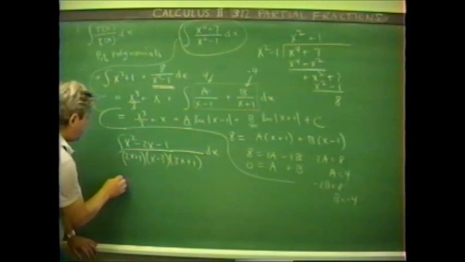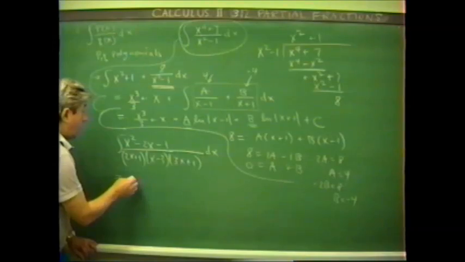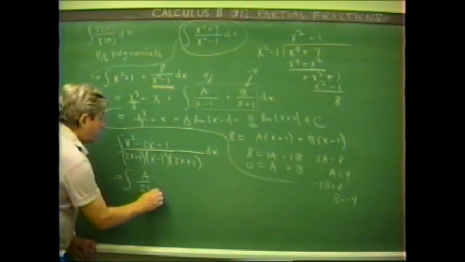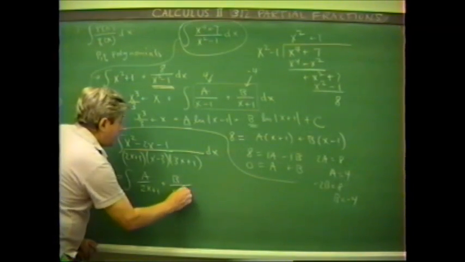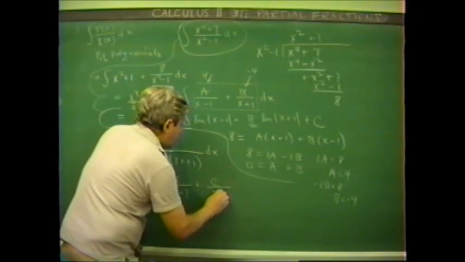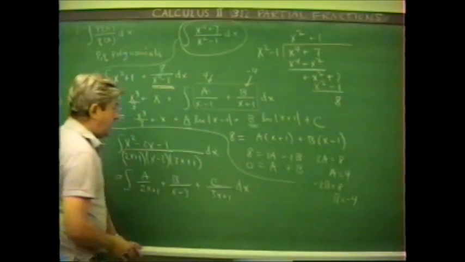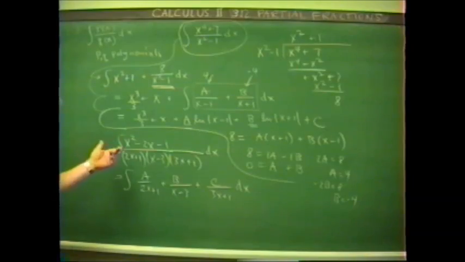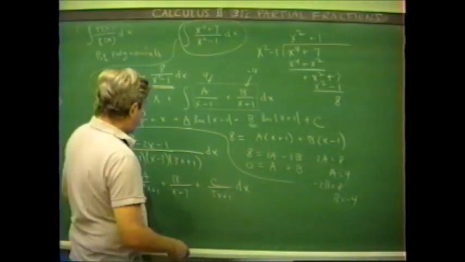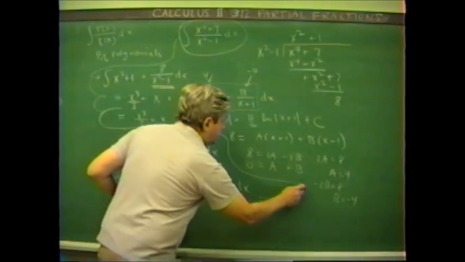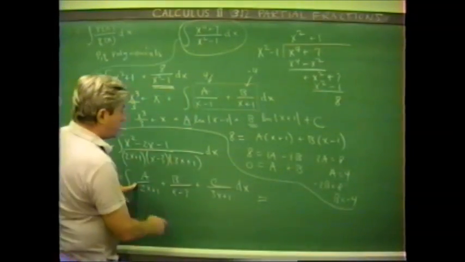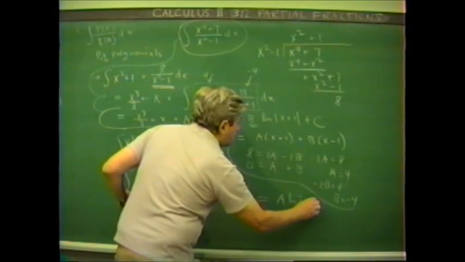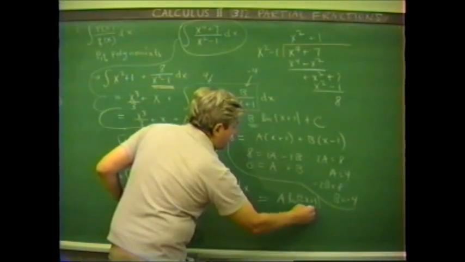So what we want to do with this is to write it as the antiderivative of a over 2x plus 1 plus b over x minus 3 plus c over 3x plus 1 dx. If we can do that for a, b, and c, and it's an algebra result that says that we can, then we can antidifferentiate this very easily, because the antiderivative of a over 2x plus 1 is a log of 2x plus 1, well, not quite, over 2.